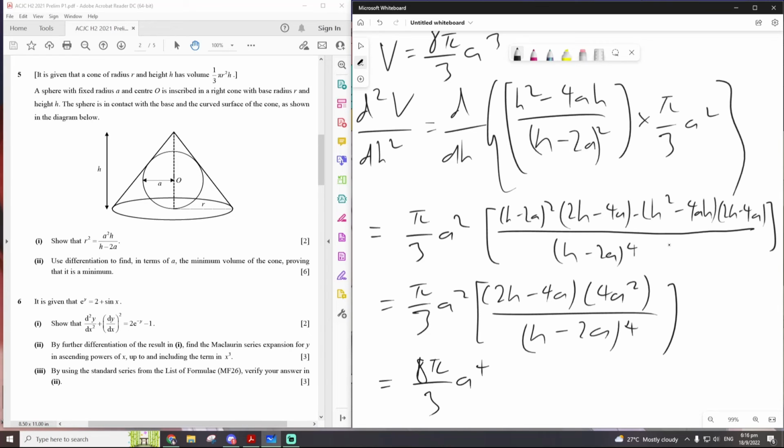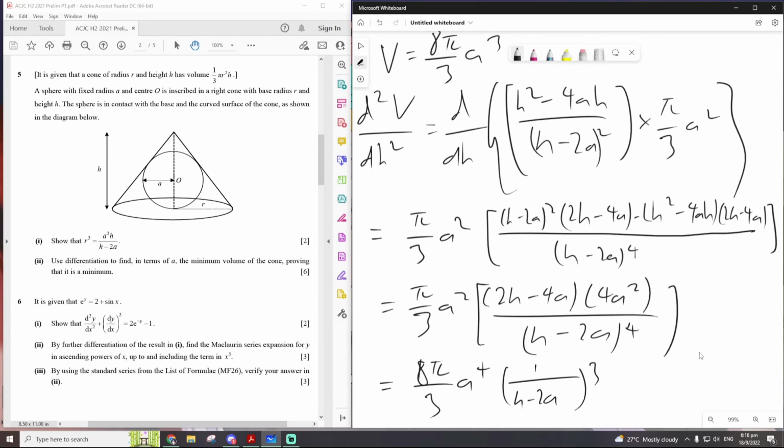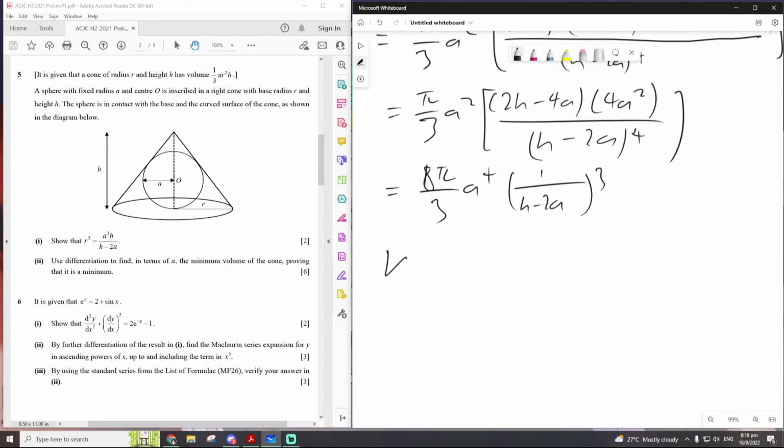And this is 1 over h minus 2a cubed. When h is 4a, d2V/dh squared is, so this is 1 over 8a cubed.